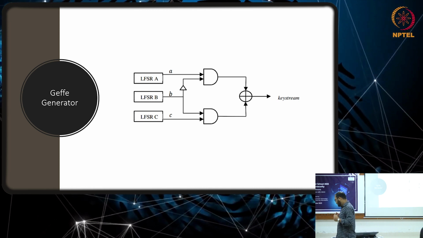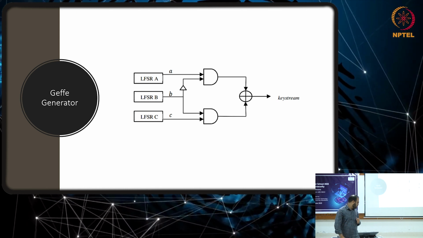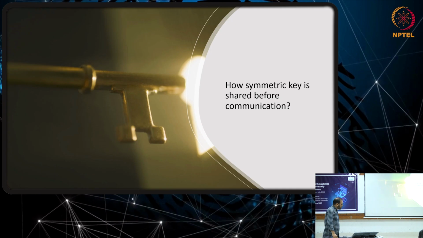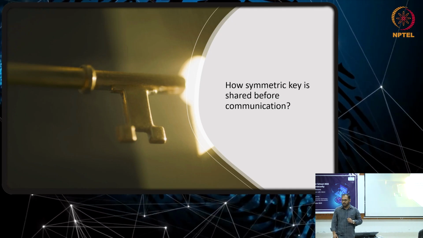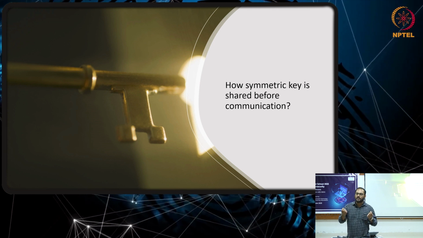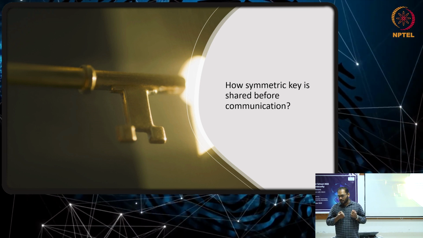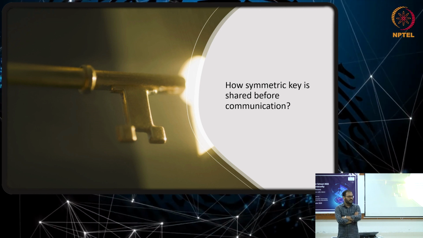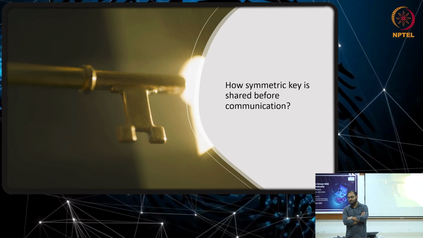Before that, I have a question I want you to answer. We talk about symmetric key cryptography. In symmetric key cryptography, you say that we use the same key for encryption and decryption. How do we share that key? How do the sender and receiver have the same key?